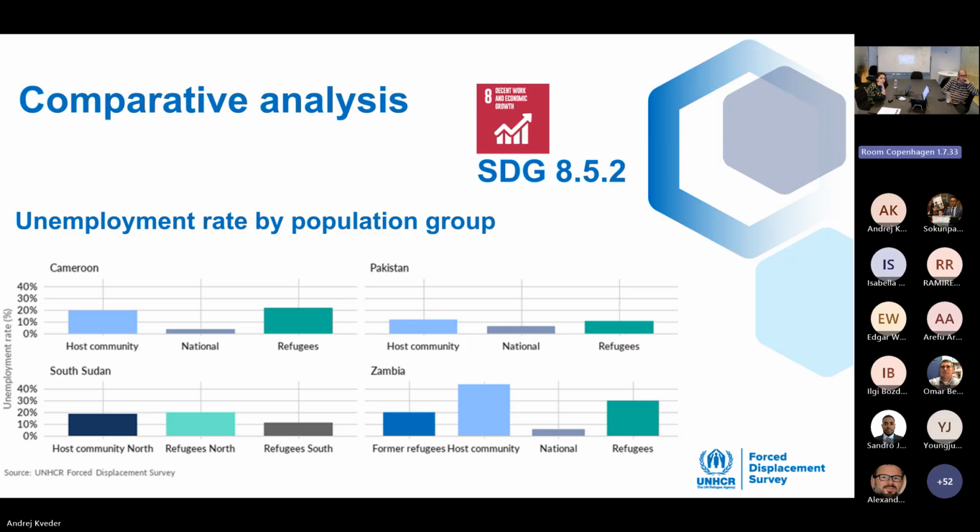This has been quite the result that we've been getting. I think this again goes back to what Arifu was mentioning. It's more about opportunities in the regions, and we always tend to see big differences between urban and rural areas. I think this kind of information can really help to see how we can improve the programming and how we can make projects that improve and feed into development.